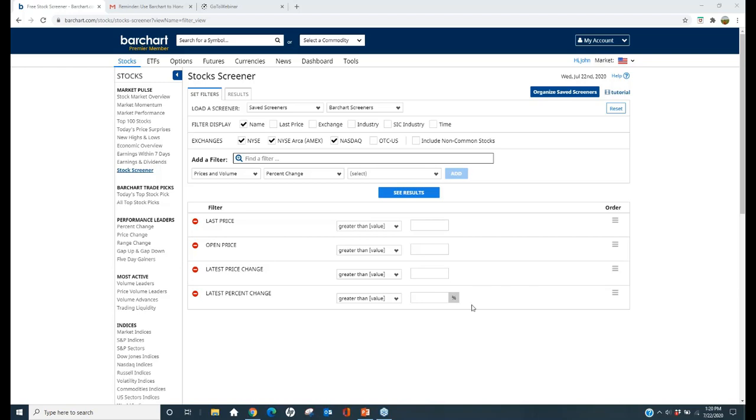So maybe I'll just say I'm going to look for markets that have a positive percentage change of, let's just say, 0.5%. I've only put in 4 filters, and I've really only defined my market in terms of one of these fields.